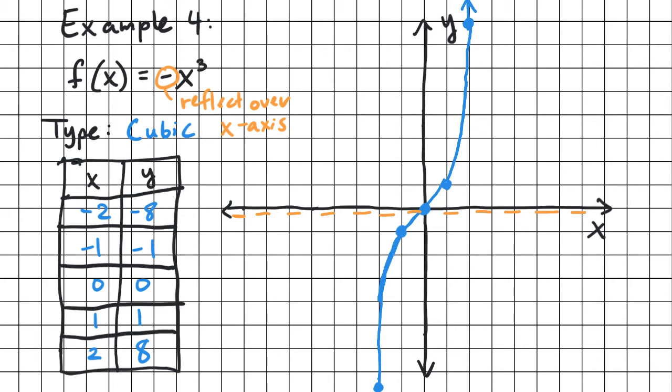And so that means that the points that were on top would be on the bottom, and the ones that were on the bottom would be on top. So these points would kind of switch places here. The one in the center would stay. The point that was down here would be located up here. And the point that was up there would be down here. And so we end up with the following graph.